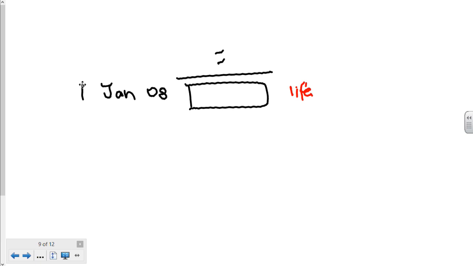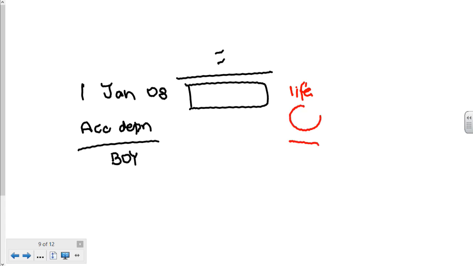Then your next piece of the calculation is accumulated depreciation to get you to beginning of year. So you're going to work out what is beginning of year, and then you're going to work out how many months from when it was bought to get you to beginning of year.